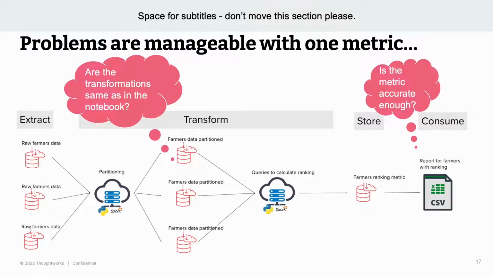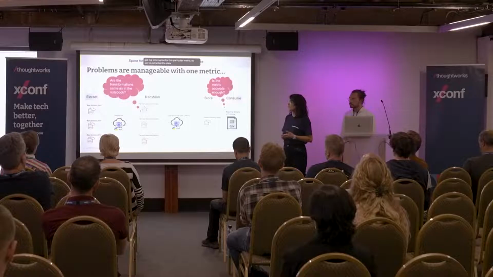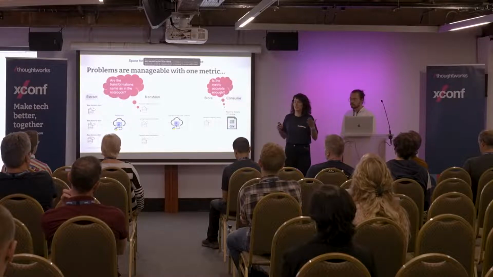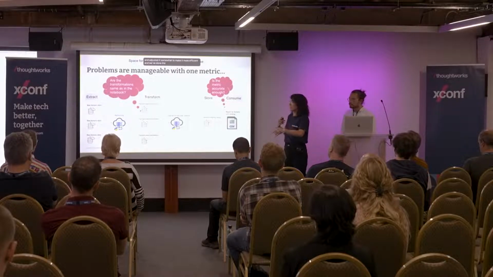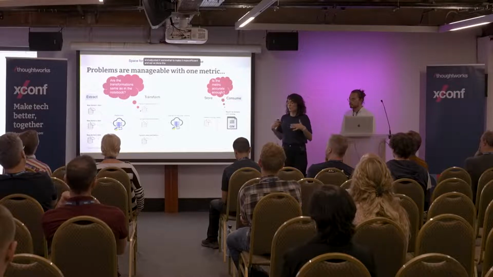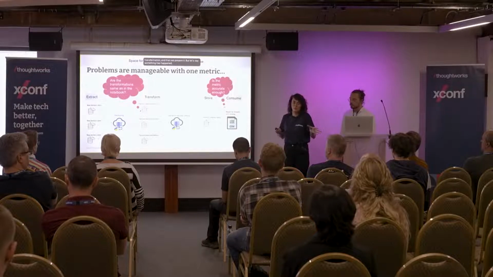Let's imagine that this is more or less the data flow that we can find just to get information for this particular metric. We extract the data, we partition it somehow to make it more efficient, and we then apply the actual transformations that were in the Jupyter notebook that we received, and then we present it. But some problems happen. At the beginning, we realized that the actual transformations that we applied were not exactly the same as the ones in the Jupyter notebook.